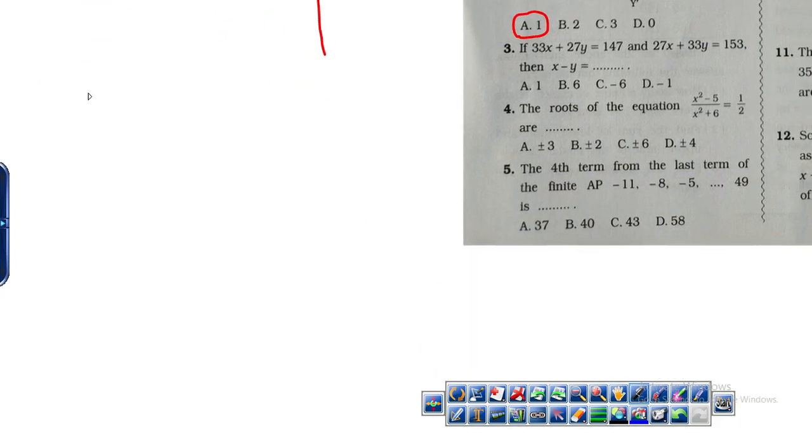Third objective, 33x plus 27y is equal to 147, 27x plus 33y is 153.